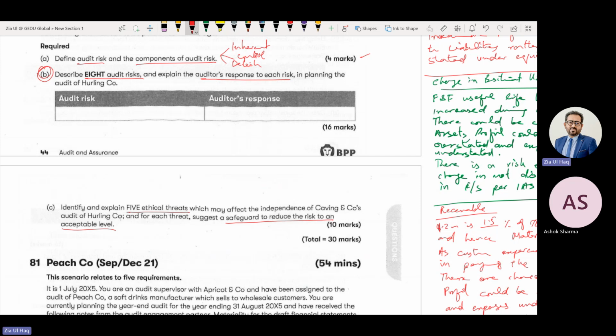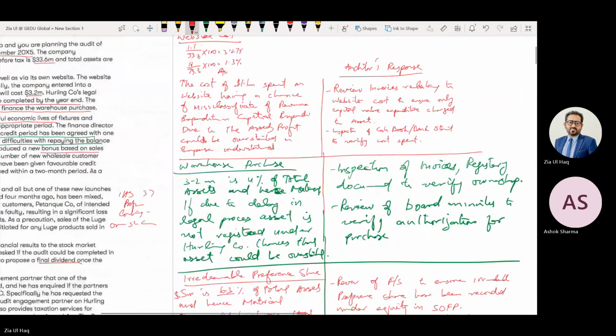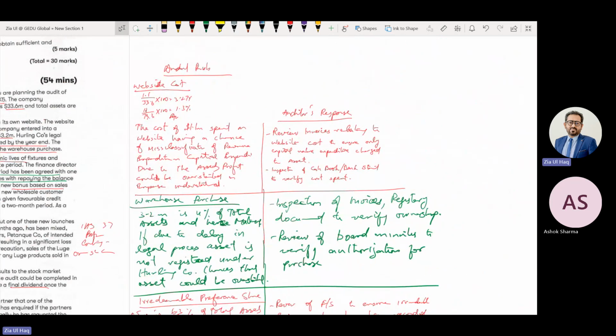Again, this question we can attempt either in columns or in paragraphs. It's up to you. I'm going to attempt in paragraphs. So let's remove this.